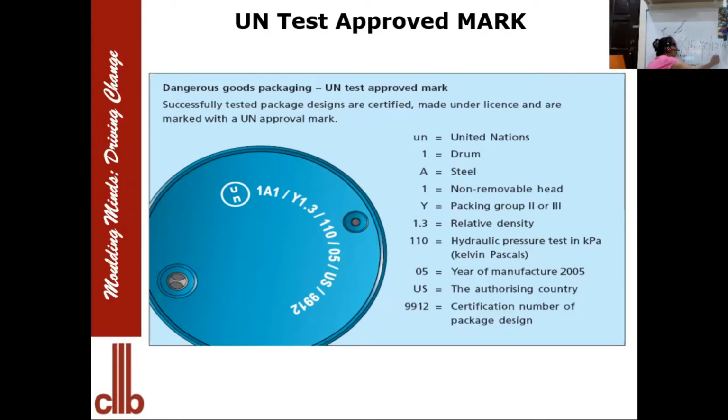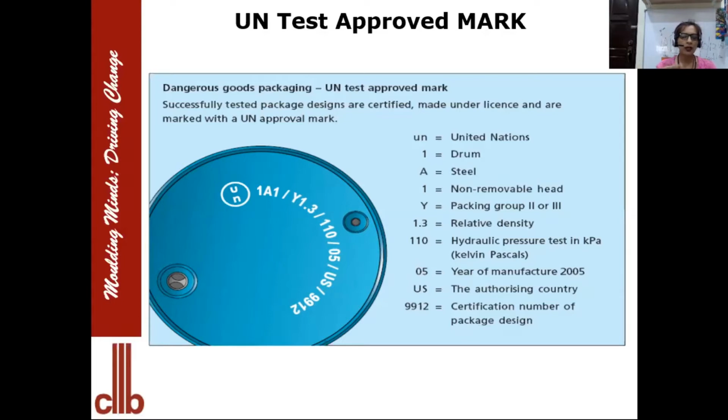And then this is the common information: the year of manufacture, the country of manufacture, and only the final bits at the back give you the certification number. That means the country or the state that has tested the packages and given the approval certificate and report, right? Like the serum will give a number.